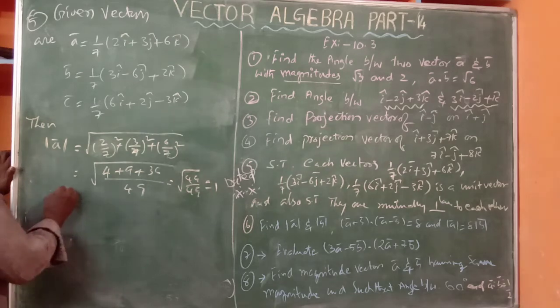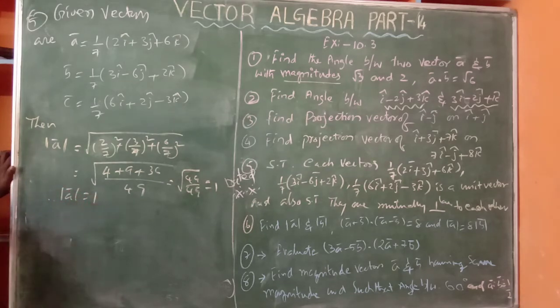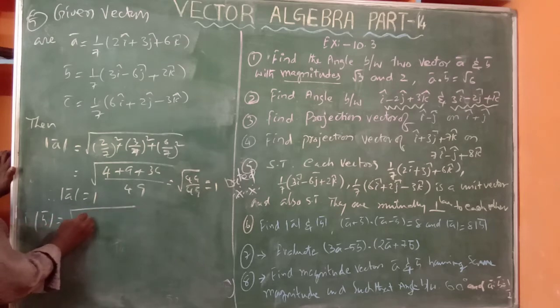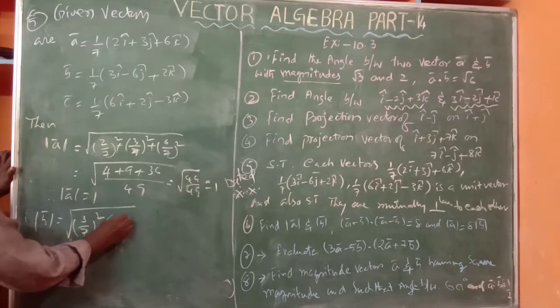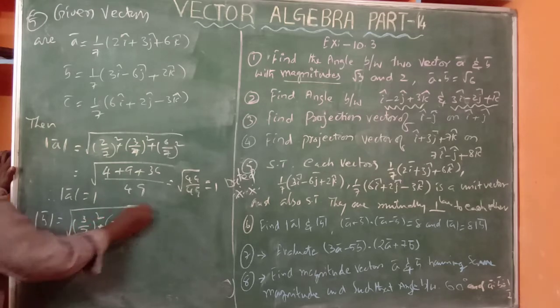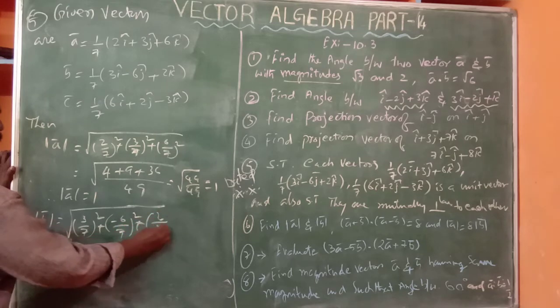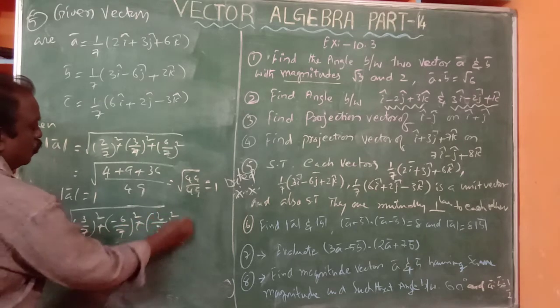Therefore, mod a bar is equal to 1. Again, mod b bar we will find. It is also the square root of (3/7)² + (−6/7)² + (2/7)².